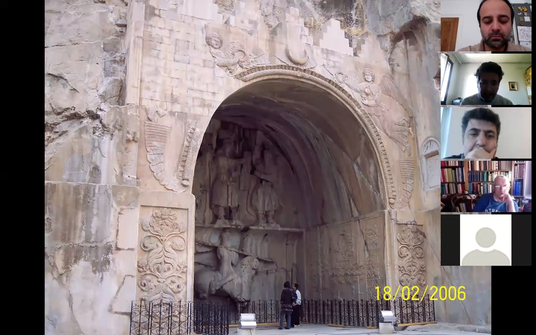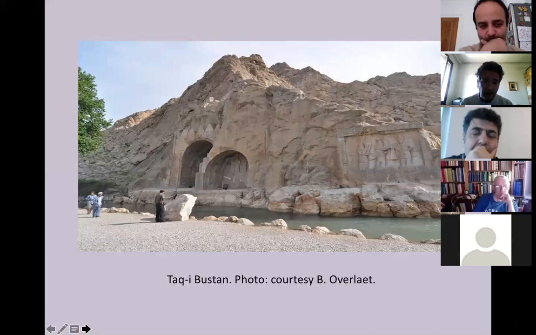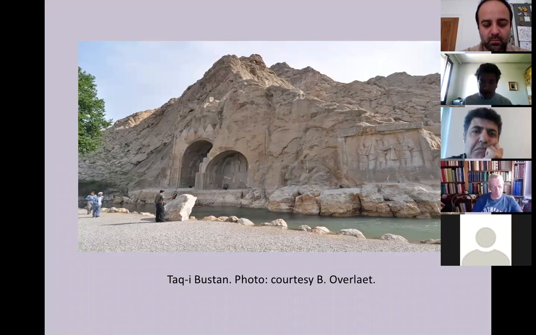In the next slide, please, I can show you how the monument is nowadays. You see, the new authorities of Taq-i Bustan decided to isolate the two grottos and the external rock relief that you see here on the right from the public, just by excavating a canal in front of the monument itself.